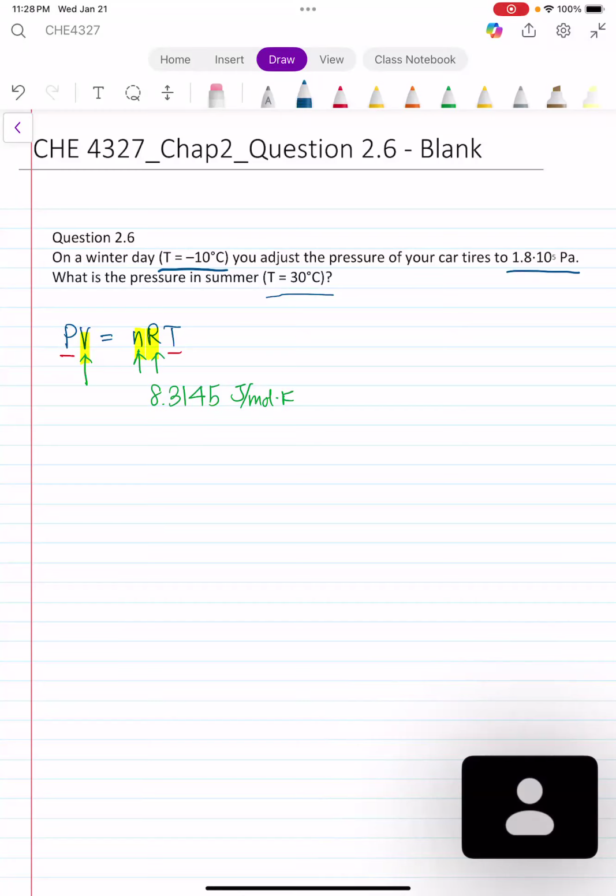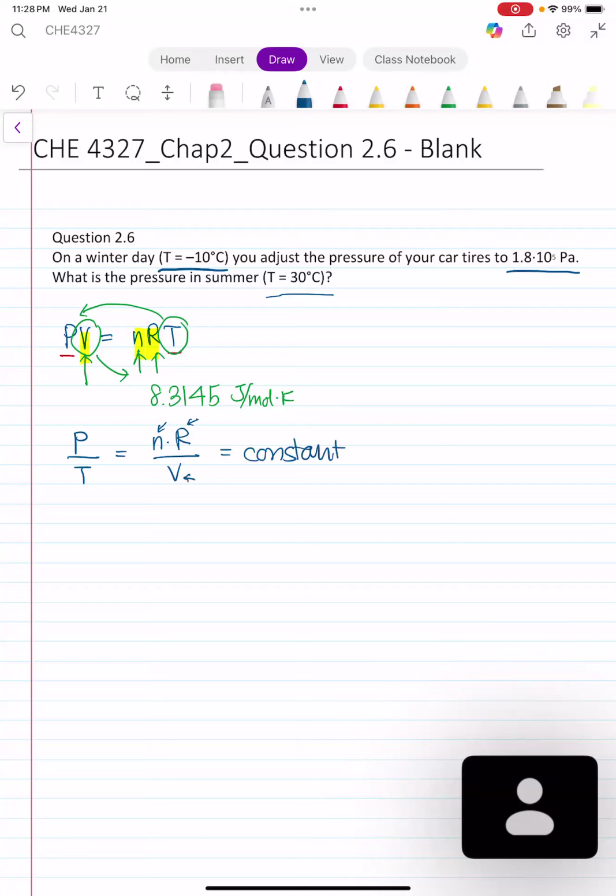One way to do that is to move the V to the right side and move the T to the left side. The left side would be the non-constant values and the right side would be the constant values. So if we do that, it becomes P divided by T is equal to n times R divided by V. And since these are all constant, this has to be a constant.